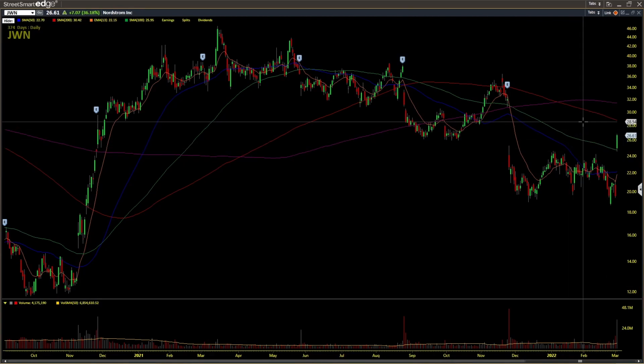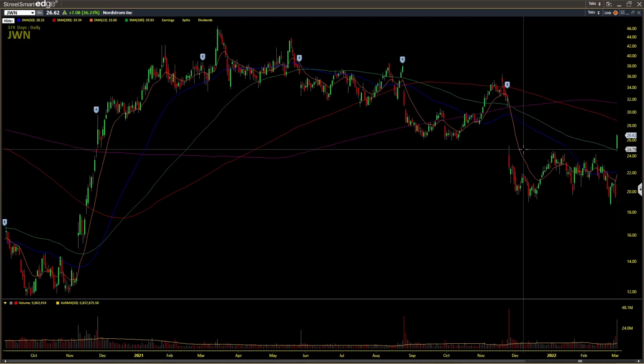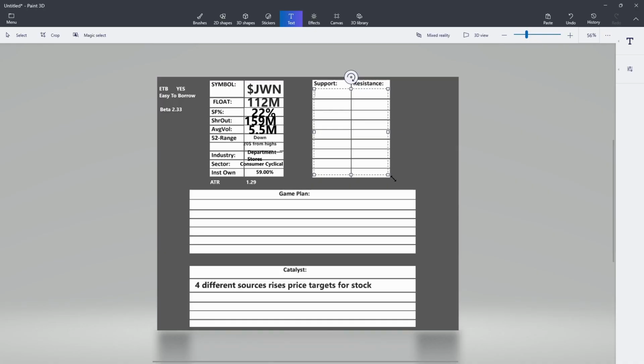And then I see that the red line, the 200 day, is at 28.75. So I'd write this stuff down. The 100 day is at 24. I'll just say 25. First, I'd put 100 SMA 25. That's support.